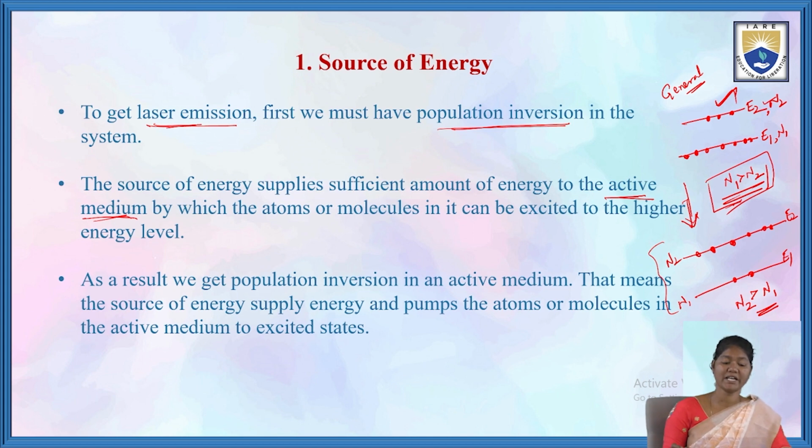So to get laser emission, there should be population inversion. When supplying the source of energy to the active medium, atoms or molecules get excited to the higher energy level. Resulting from that, we get a population inversion in the active medium.